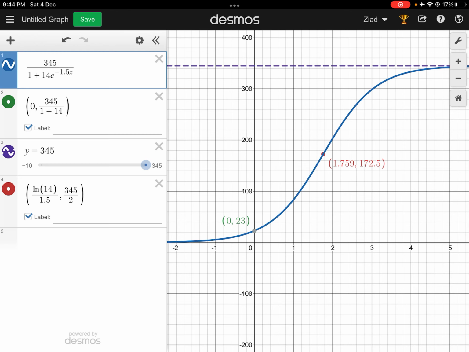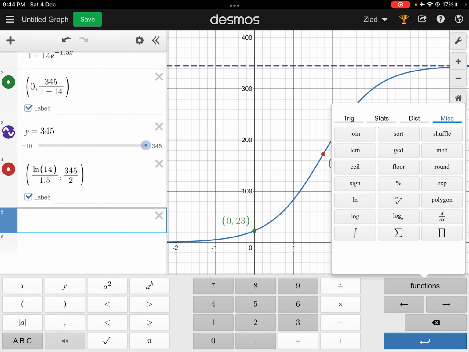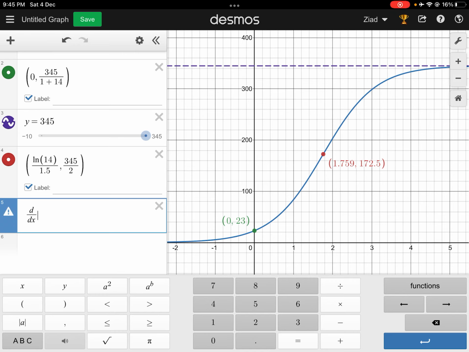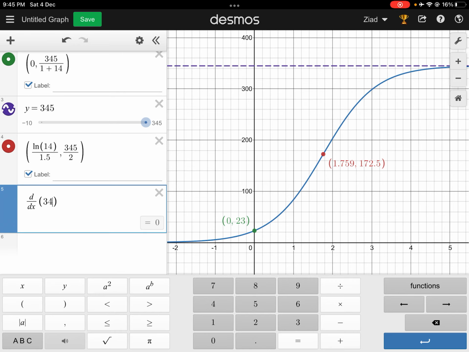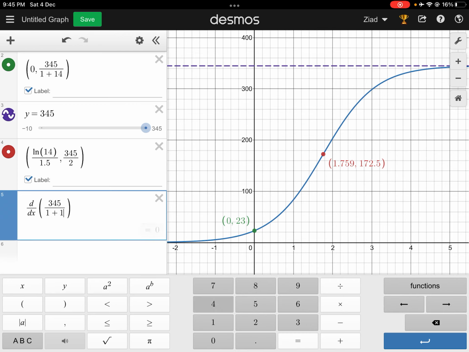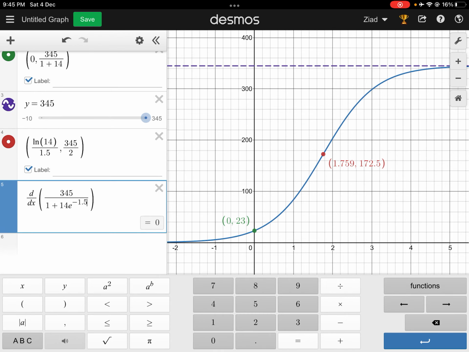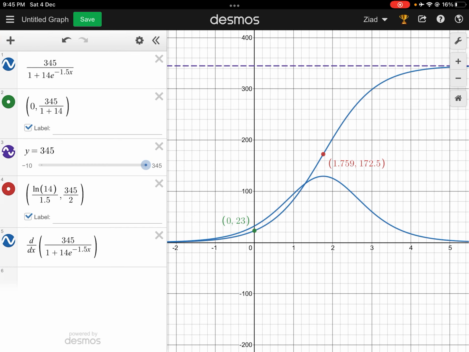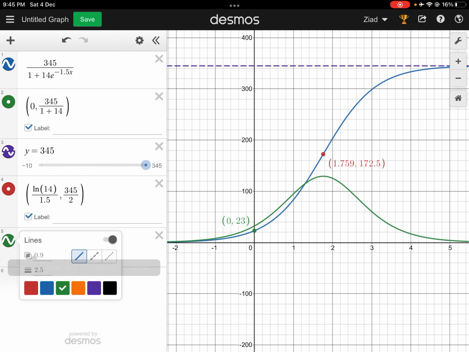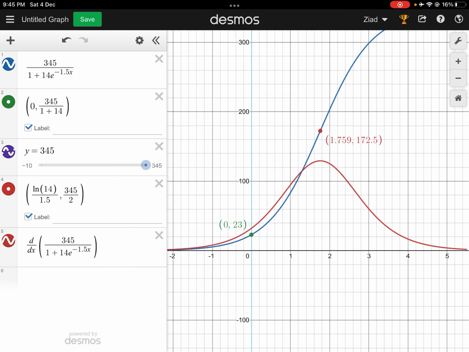And one thing that I will do here is draw the derivative for you, so you see why we say diminishing growth. So I will do the derivative of this function, 345 over 1 plus 14 e to the minus 1.5x. Let's do it in red. The derivative is red.